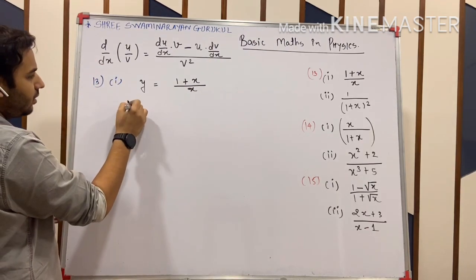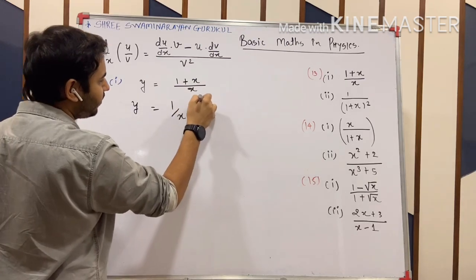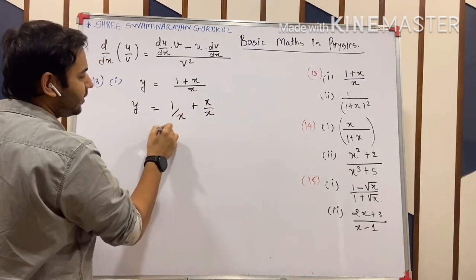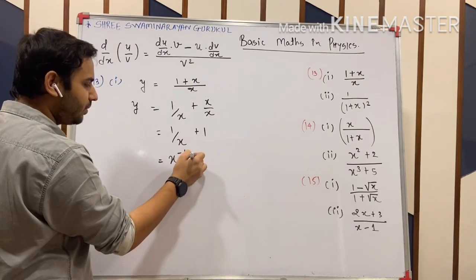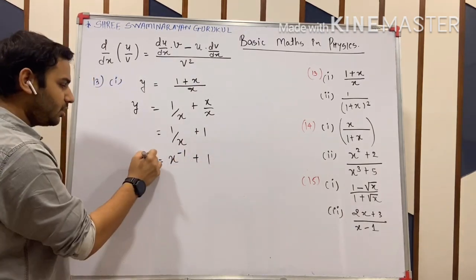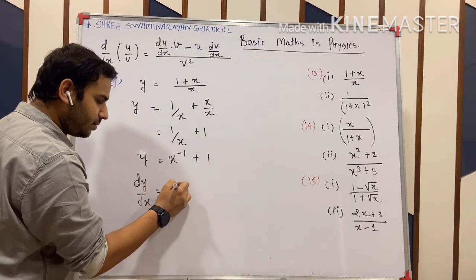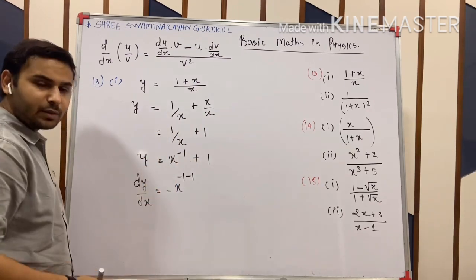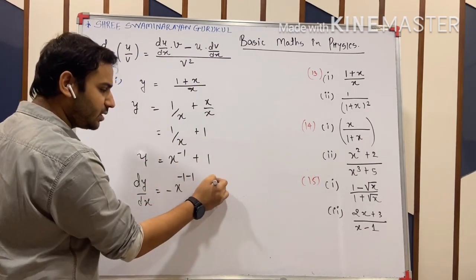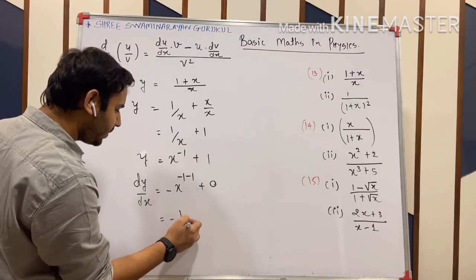So you can write y is equals to 1 upon x plus x by x, that is 1 upon x plus 1, and I can say x raised to minus 1 plus 1. This is your y. Now dy by dx is minus 1 x raised to minus 1 minus 1, then plus the differentiation of this 1, which is 0 because 1 is a constant term. So the final answer is minus 1 upon x square.